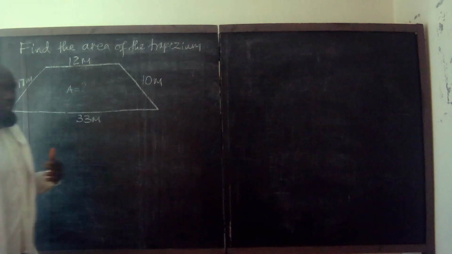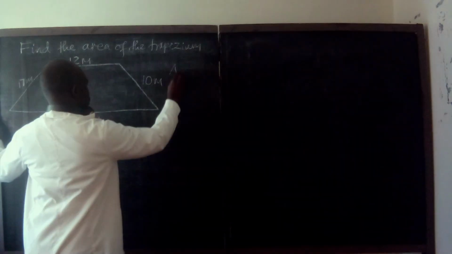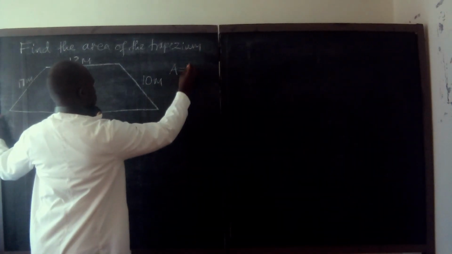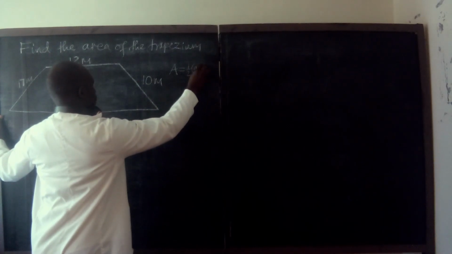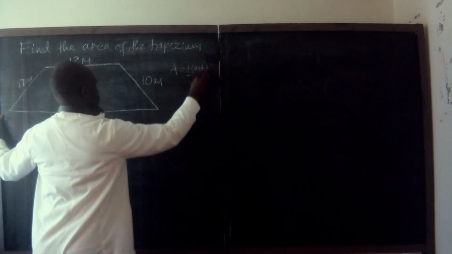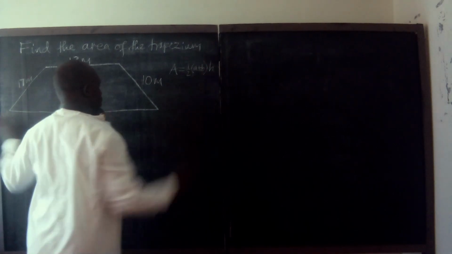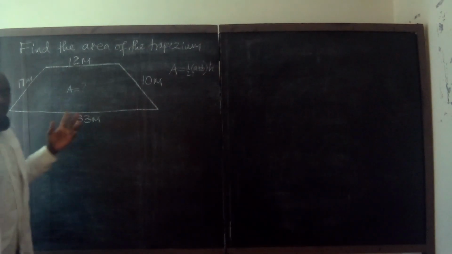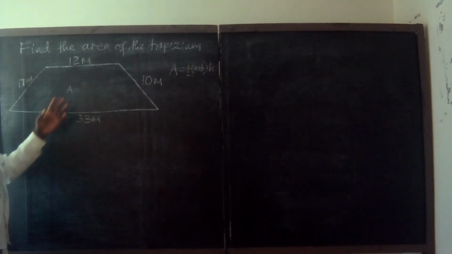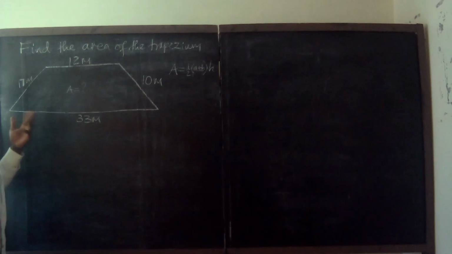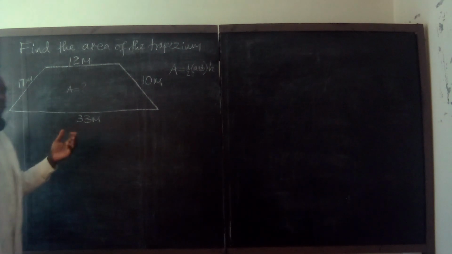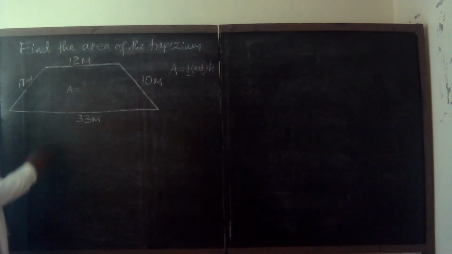We are used to the area of a trapezium being given by half the sum of the parallel sides multiplied by the height. But in this case, if you look at this diagram, we don't have the height. Therefore, we must find a way to come up with the height.